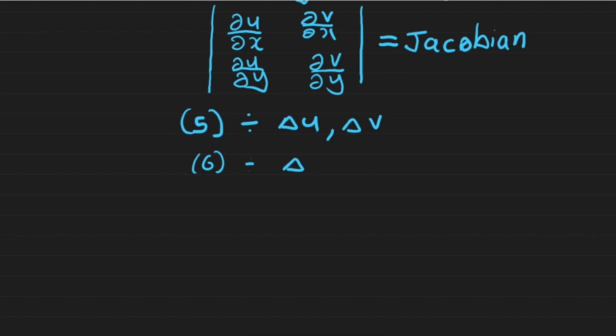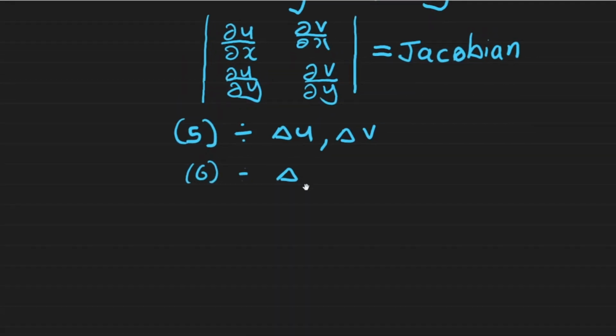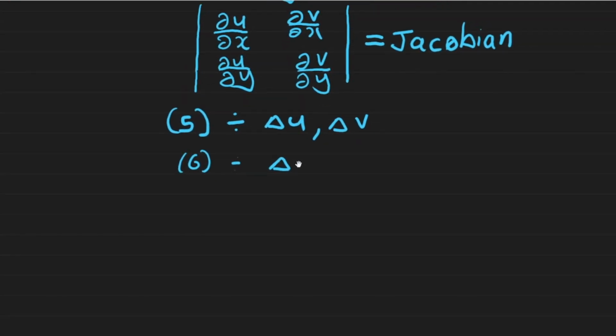Okay, so it's divided by delta u and delta v. Okay, we're dividing it by delta v and delta u.